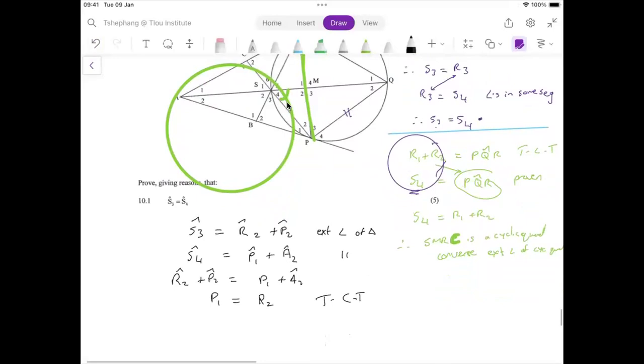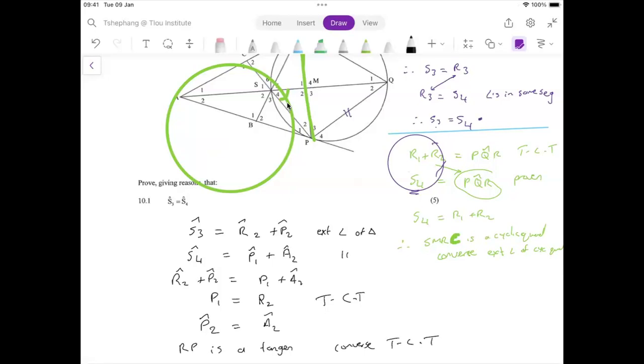If that's the case, then we can conclude that P2 must be equal to A2. And finally tell them that RP is a tangent, why? This would be the converse tan chord theorem.